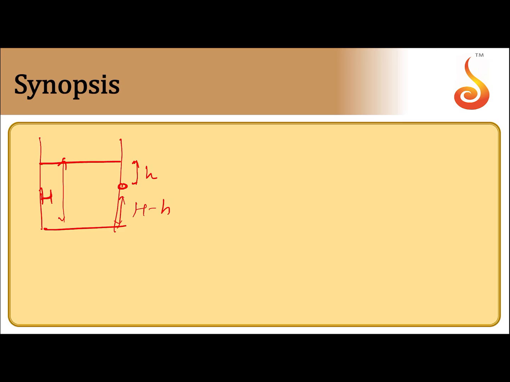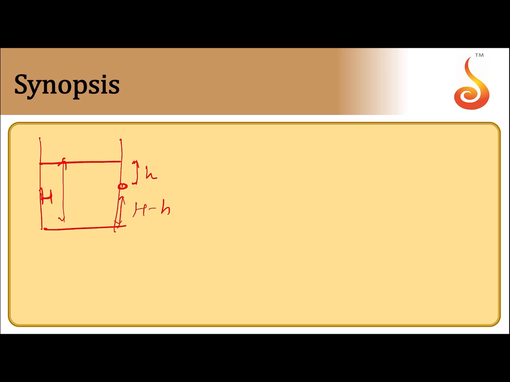Then the time required by the liquid to reach the base level can be found out, and the range of the liquid flowing from the orifice also can be found out.